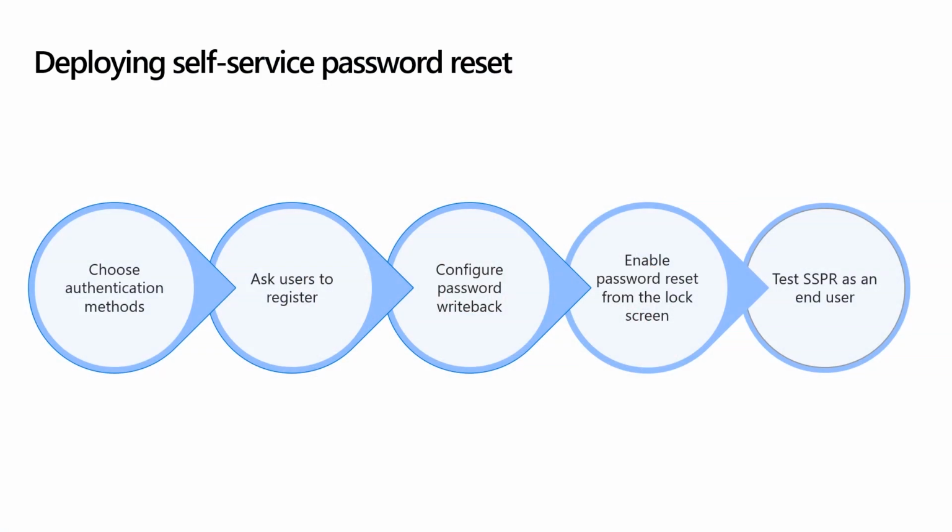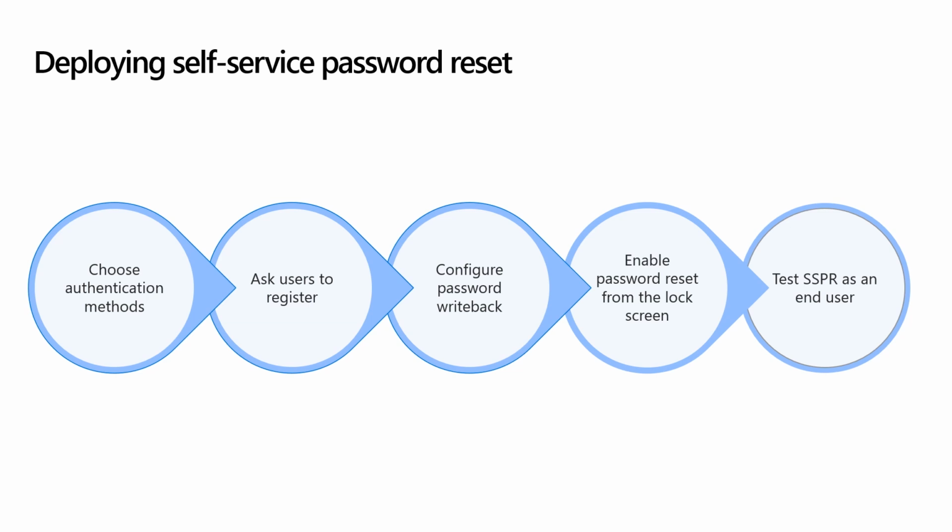Deploying SSPR in your organization consists of the following steps. As an IT administrator, you will need to choose the authentication methods you'd like to make available to your users. Next, you need to get your users to register these methods.